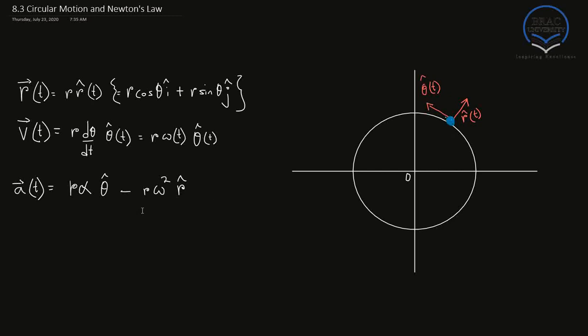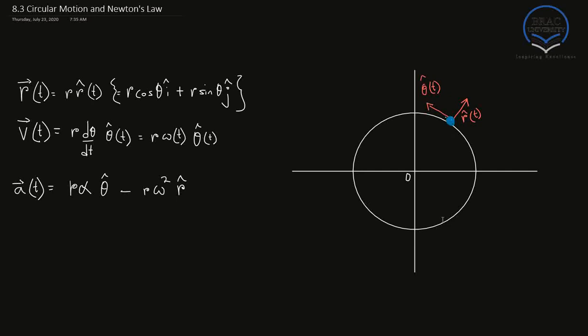Now, what does Newton's second law tell us about force and acceleration? Obviously forces are related to acceleration via the equation F equal to ma, which tells us that in the most general case, for a particle moving in circular motion that's not necessarily uniform but speeding up or slowing down, there has to be a force acting on this particle.